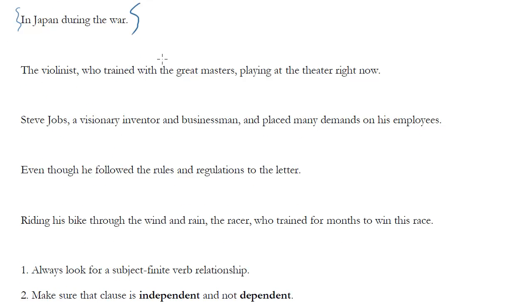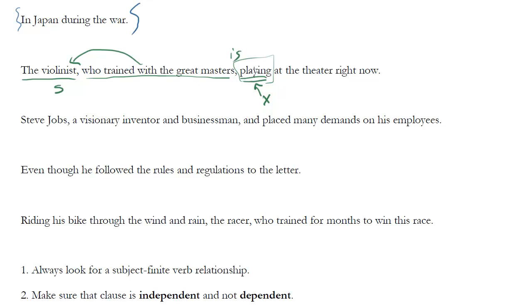The violinist who trained with the great masters playing at the theater right now. So we've got our subject, the violinist. Who trained with the great masters is a relative clause modifying the violinist. And then notice right after that we have a verbal, not a main verb. It looks like a verb, but it's not. If it said "is playing" or "was playing," it would be fine.